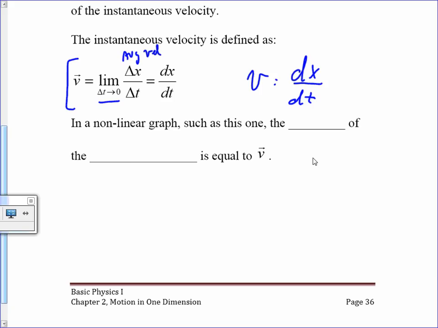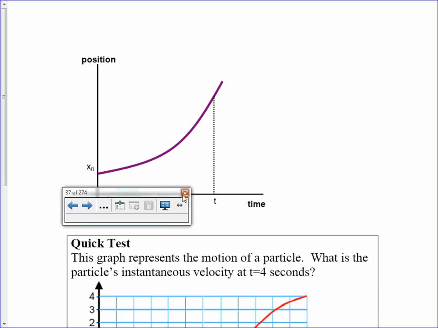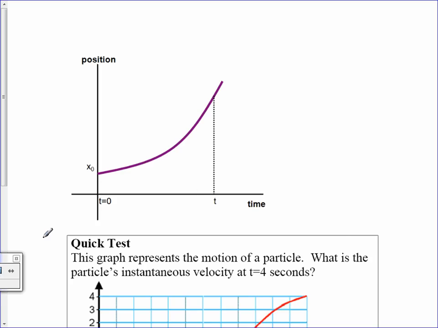Now, in a nonlinear graph, such as this one on the next page, the slope of the tangent line is equal to the instantaneous velocity. So for example here, let's say I take a point here. When I say the tangent line, that means a line that is tangent to the graph at that particular point. Now if I look at a tangent line here, the slope of that line is different from what it is up here.